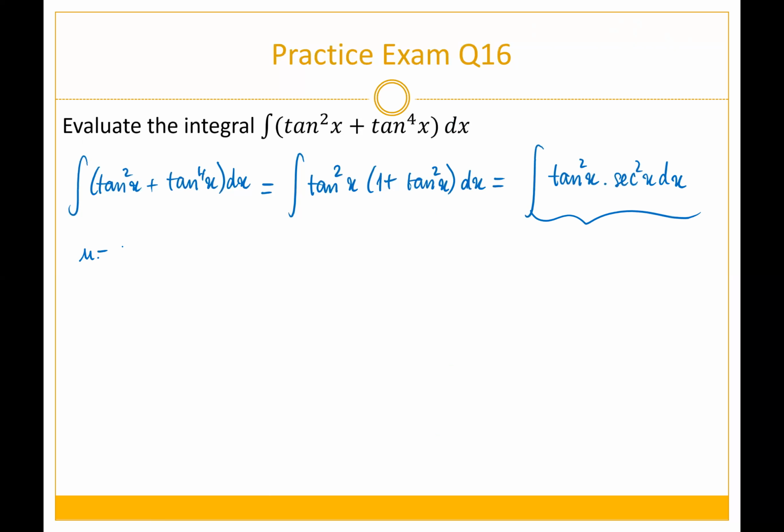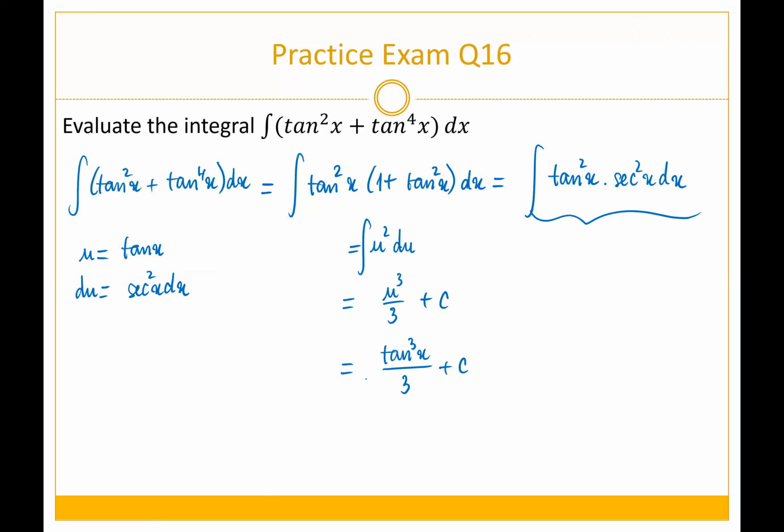If you put u equal to tangent of x, then du is going to be secant square x dx. And that simplifies this part. So it's going to be the integral of u squared, which gives us u cubed over 3 plus c, or just tangent cubed over 3 plus c.